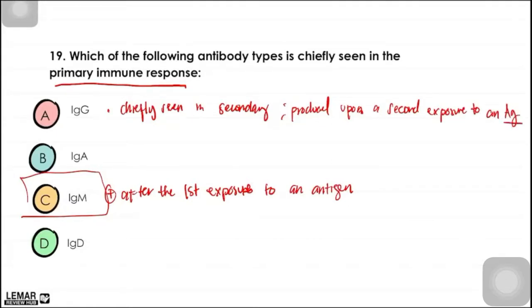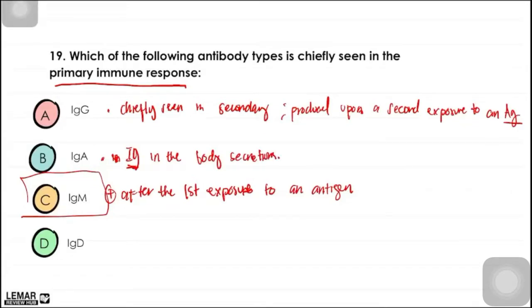IgA is the predominant immunoglobulin in the secretions.